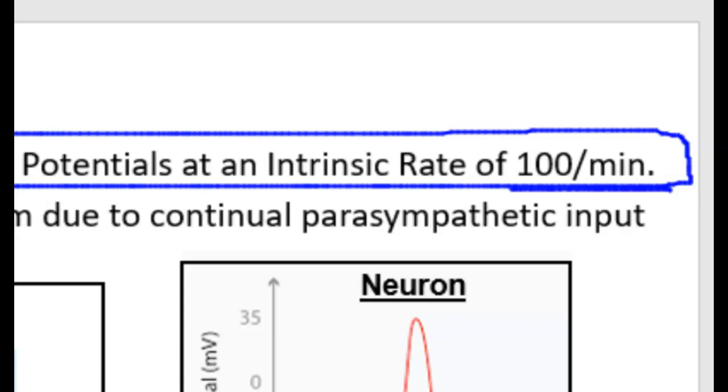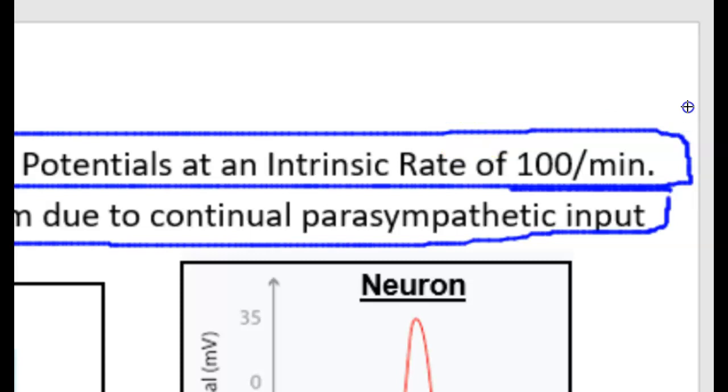So that's normal. So we normally see that the parasympathetic nervous system is influencing the SA node. But left on its own, if you were able to take out the parasympathetic nervous system, we would see that action potentials in an SA node cell would happen quicker, like 100 times per minute.